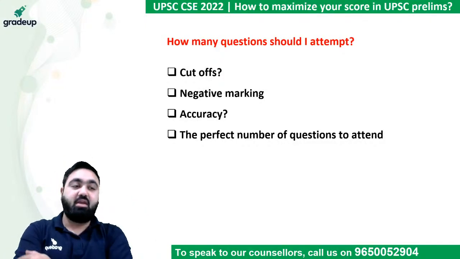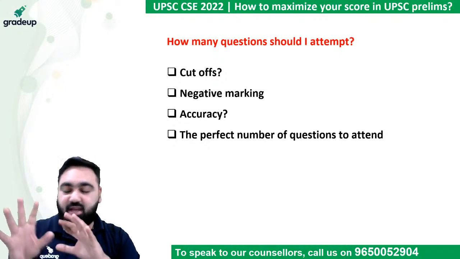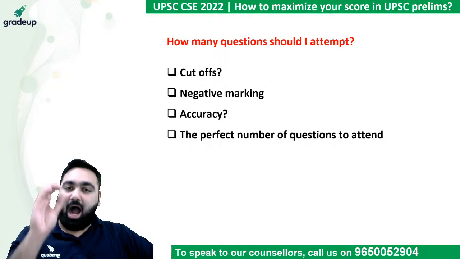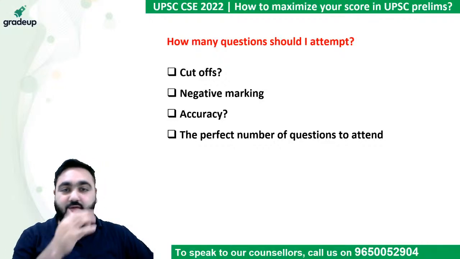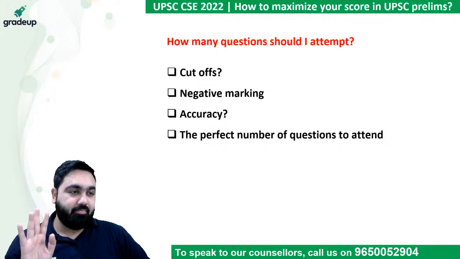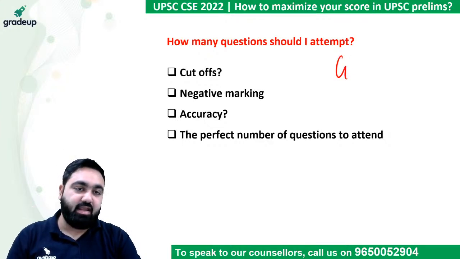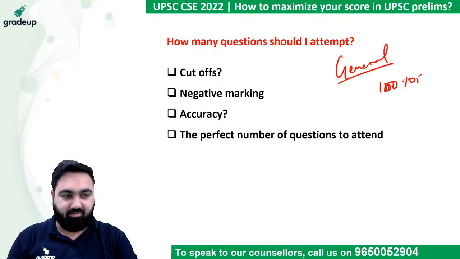The first thing, you have to know what is the cutoff. Usually what is the usual cutoff, because the usual cutoff will tell you how many questions you need to attempt. For example, in the general category for IAS examinations, the usual cutoff is, let's say, 100 to 105.